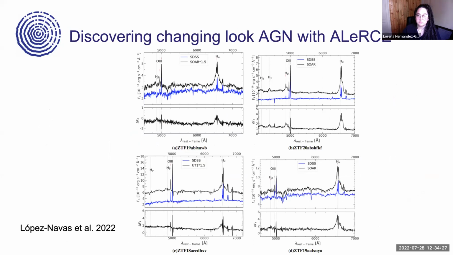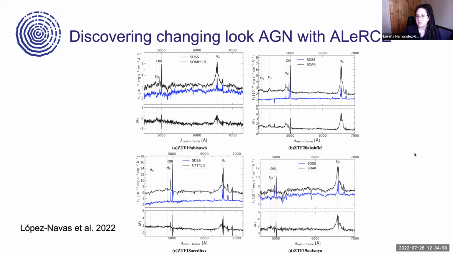Another paper that was published recently is this one led by Elena Lopez Navas, where we used sources selected as type 2 AGN in catalogs such as Milliquas. And we selected those that were varying in the CTF alert stream. From the sample, we selected 6 that were observable with SOAR and compared the spectra with archival SDSS data.